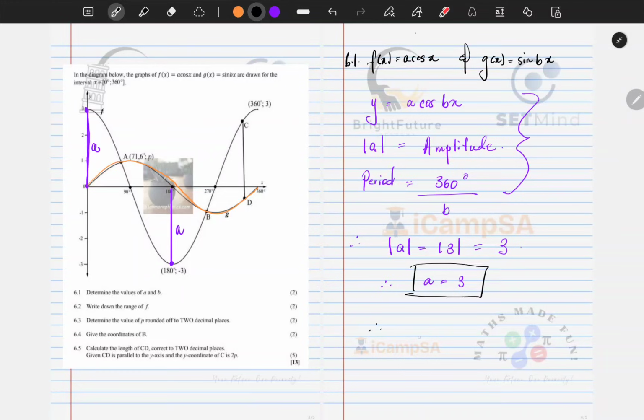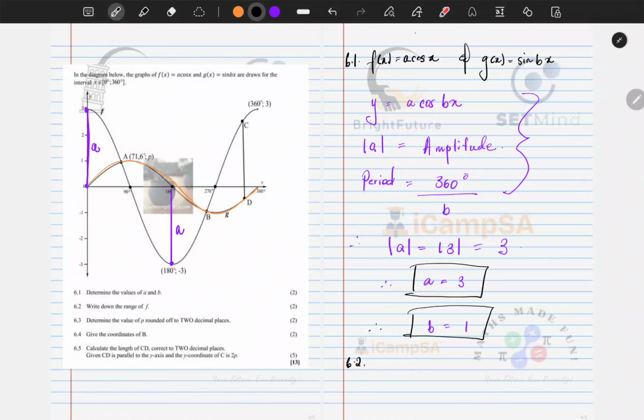Therefore your b is just going to be 1, because it makes the period 360. The period of the graph is just 360. Great. So now we can go to 6.2.